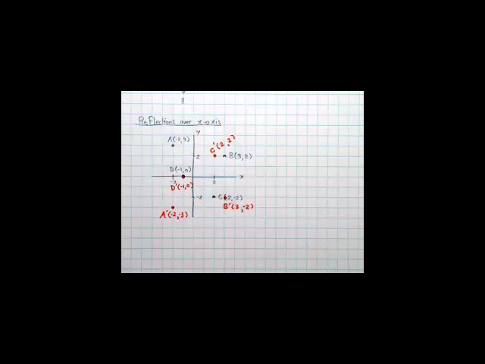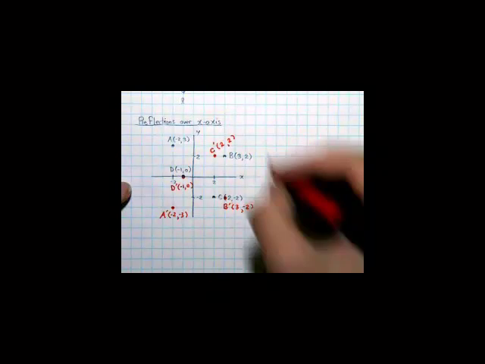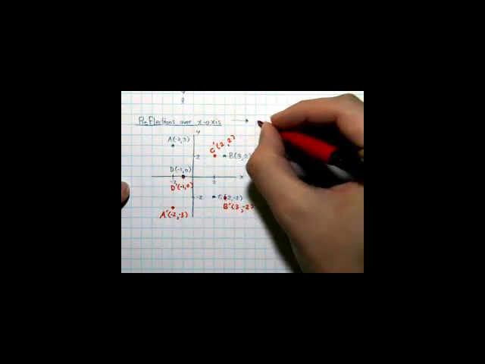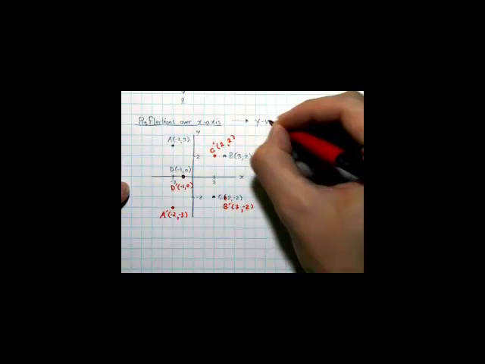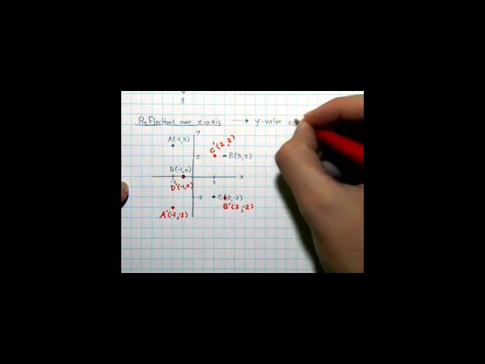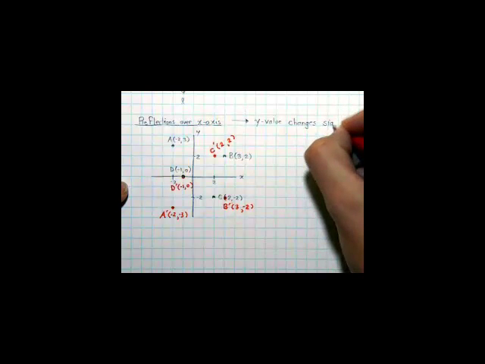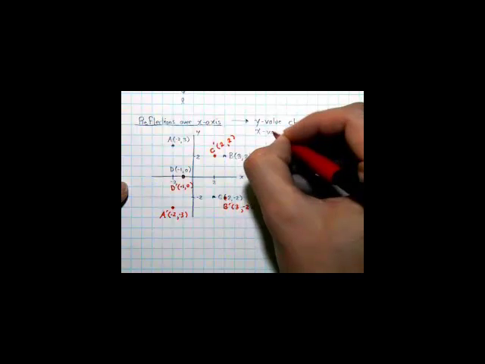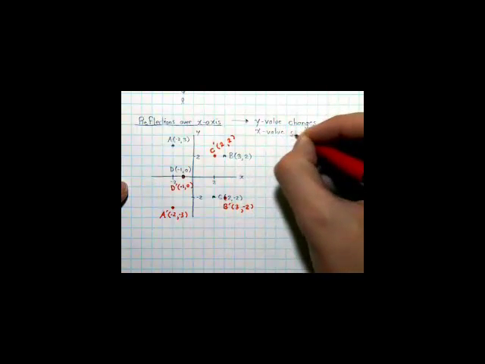So going over the x-axis, no matter what, you've got that pattern happening. Okay, so let's jot that down. The y value changes sign, and the x value stays the same.